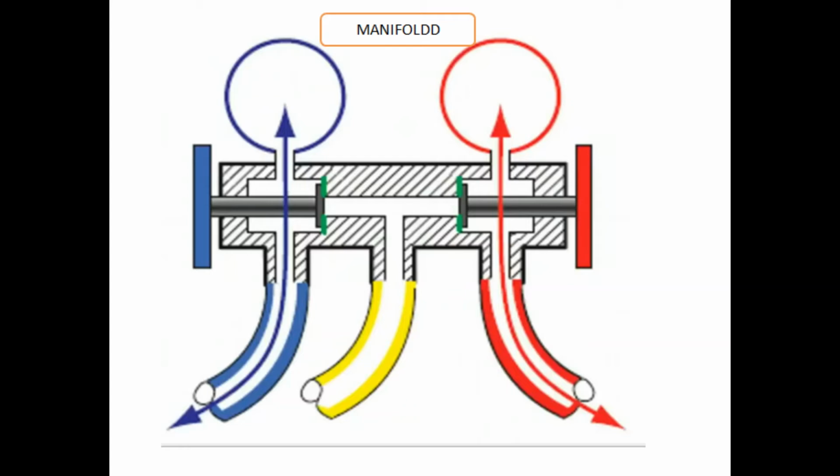Here, as you see, all the valves high and low are closed, and the one which is in red color, you know that it is the high pressure side, and on the other hand we have the blue one, which is for the low pressure side.